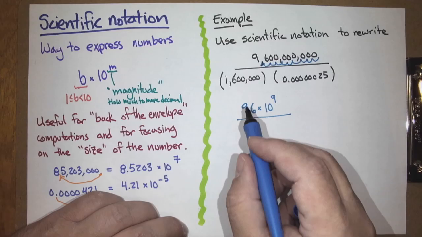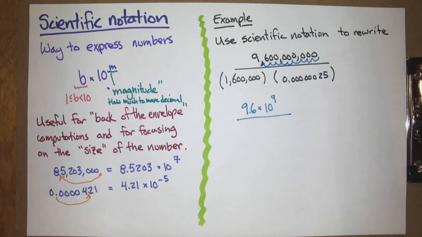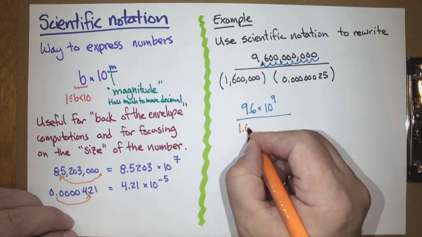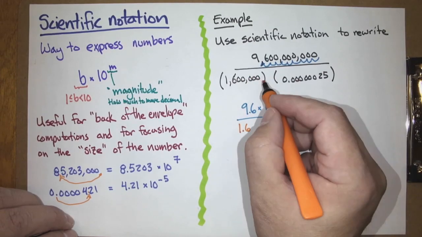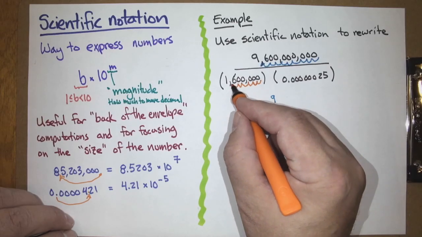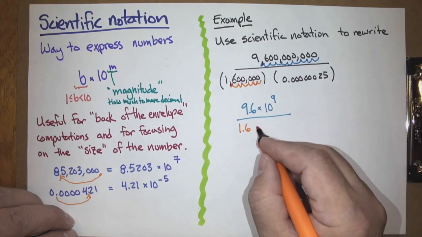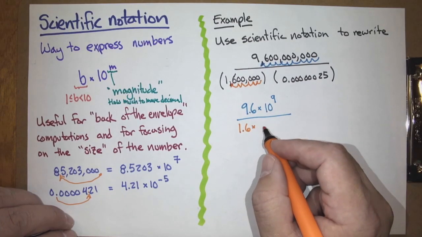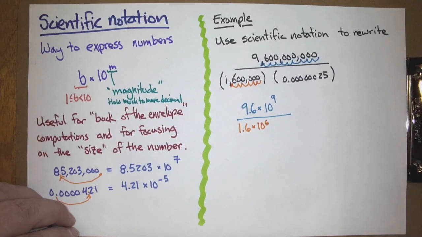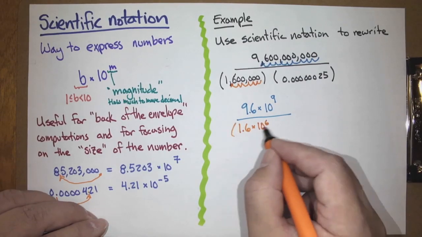Downstairs. Okay, let's look at the next number. Here, we'll start 1.6. Everything else is zeros. And now we start counting. 1, 2, 3, 4, 5, 6. So what do we multiply by? 10 to the 6. Okay.